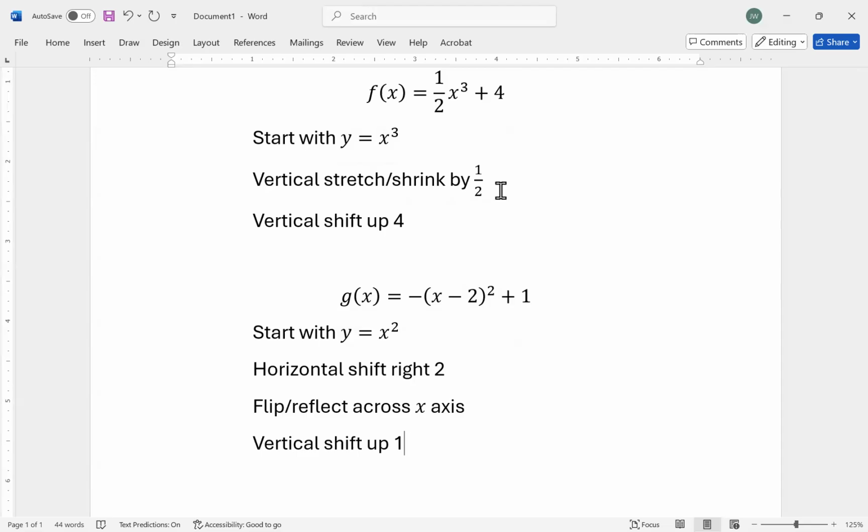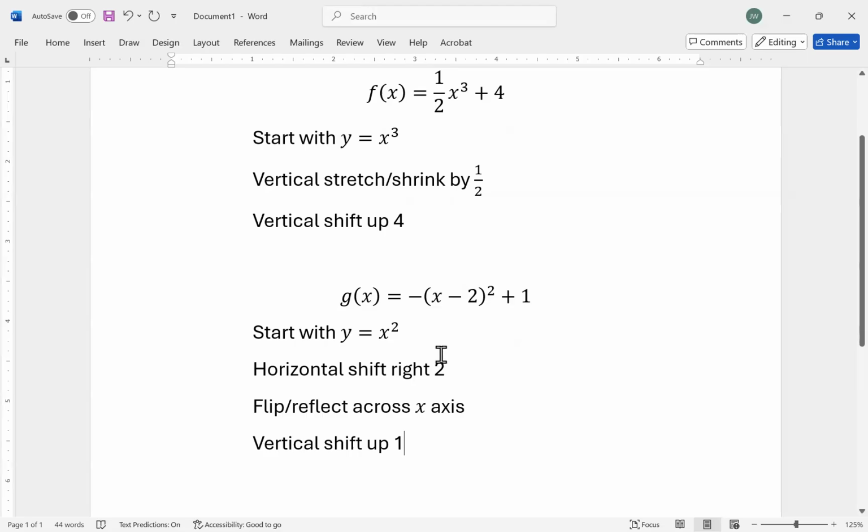All the y values would get cut in half. And then shift every point up by 4. In this one, if I wanted to graph it, I do a horizontal shift right 2, and then flip across the x-axis, and then vertically shift it up 1.